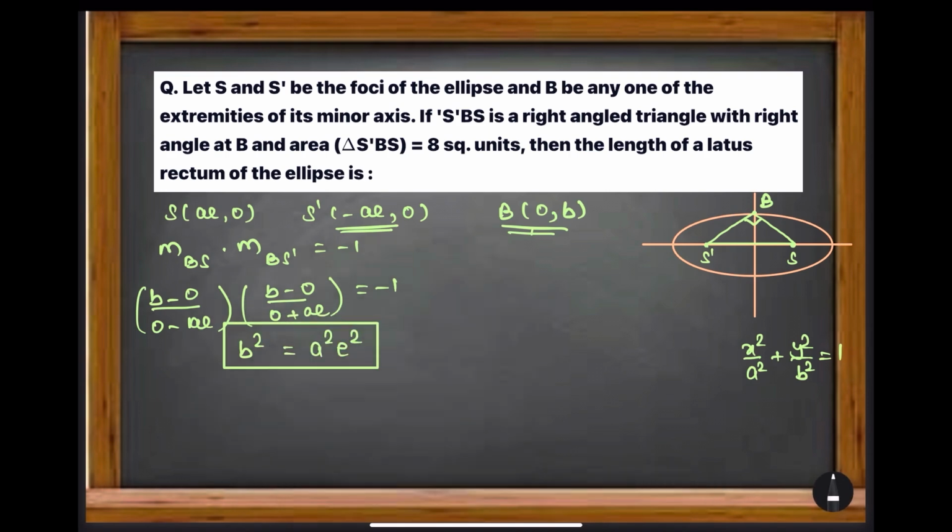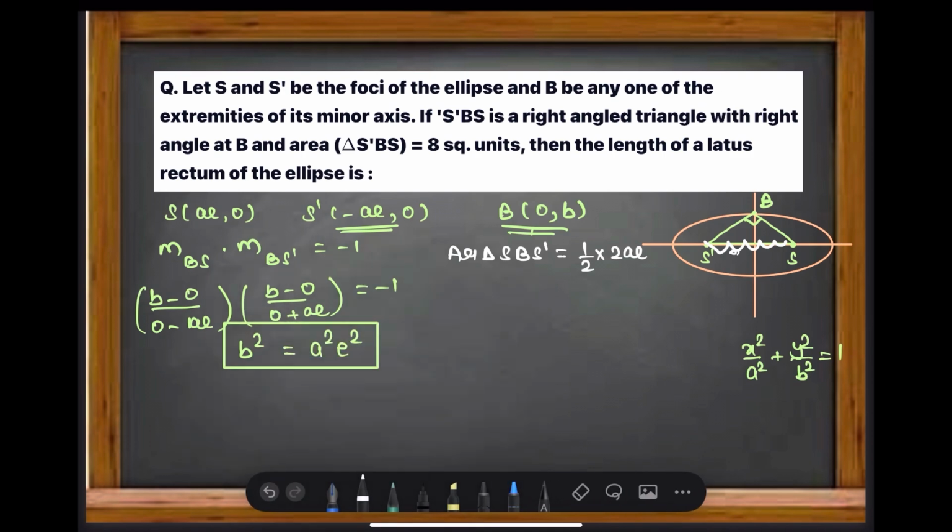Now they have provided you the area to be 8. So can I find out the area of triangle SBS dash? It is half times base, and the base is 2 times ae. Now think about the height.